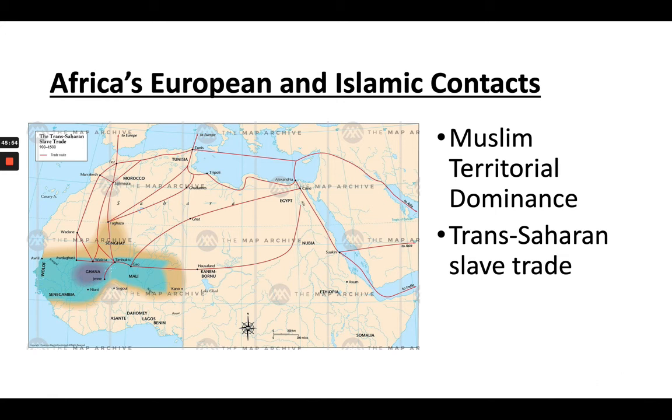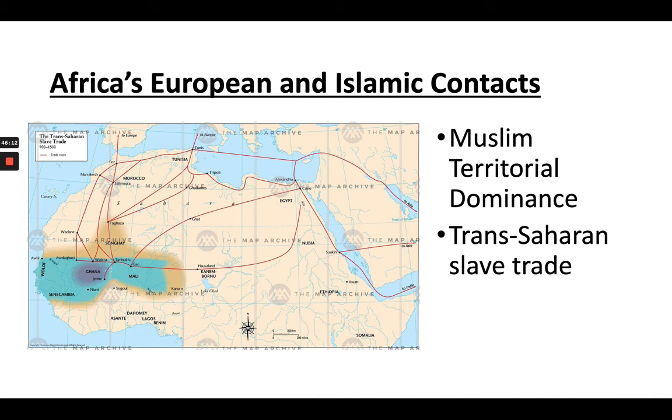So Muslims had no moral objections to owning or trading in slaves. However, religious law forbade the enslavement of fellow Muslims. But this really wasn't followed very closely.